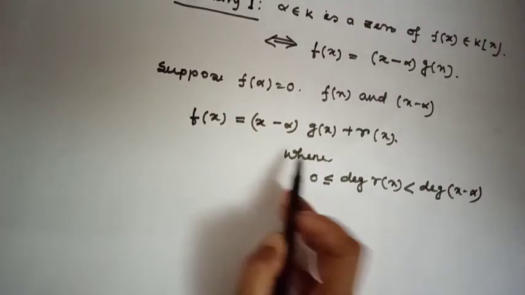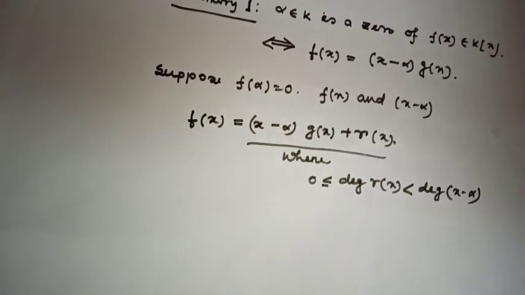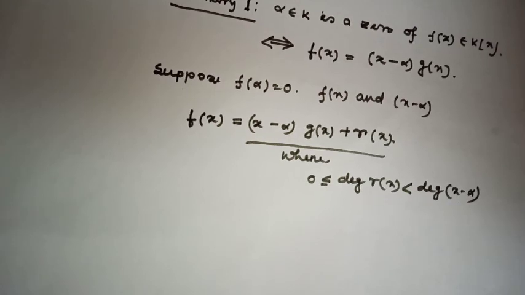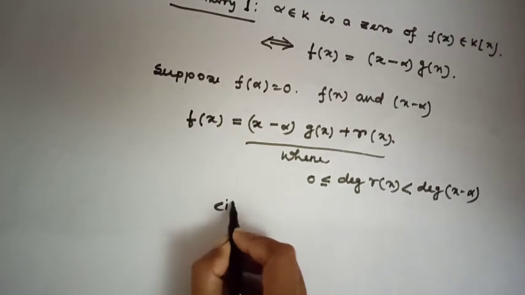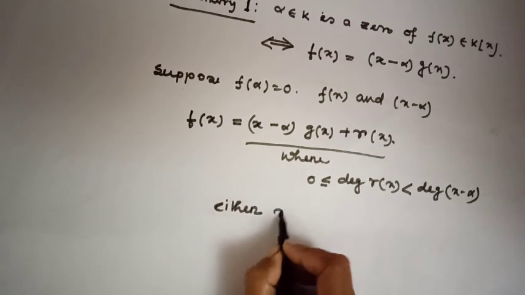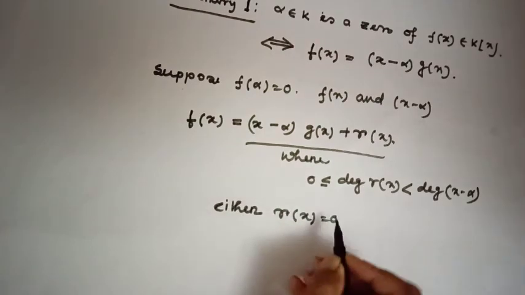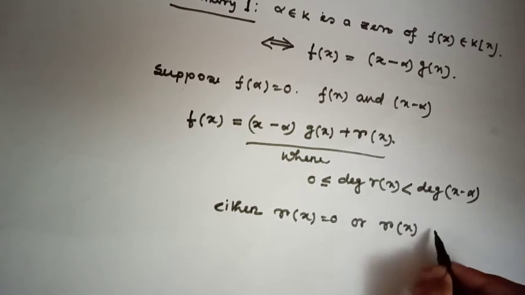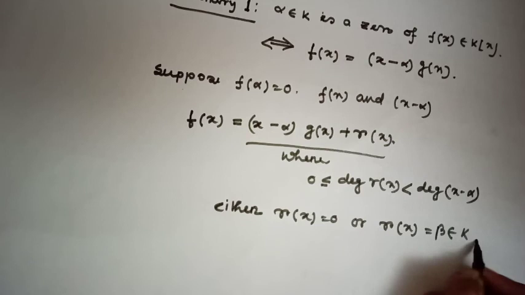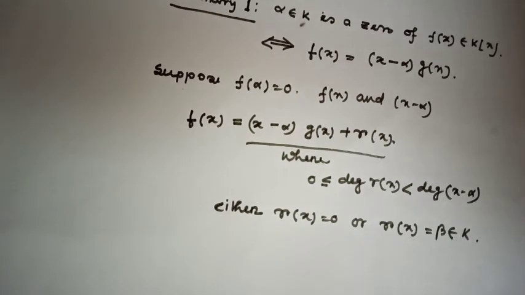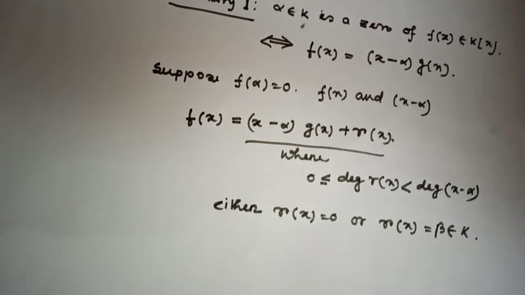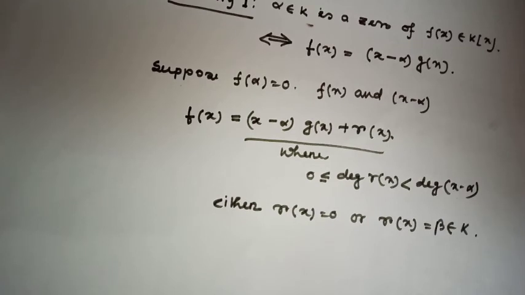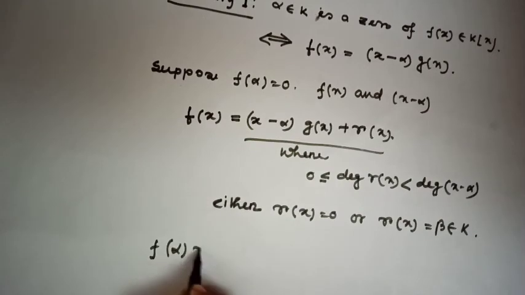From this condition we conclude either r(x) equals 0 or r(x) is some number of the field, okay. Then since alpha is the zero, f(alpha) equals 0.